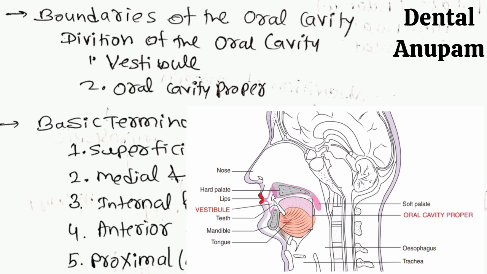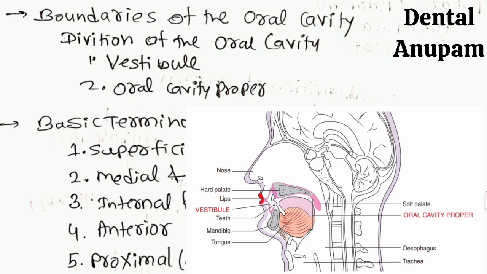Division of the oral cavity. The oral cavity is an almost oval shaped cavity which has two basic components: the vestibule and the oral cavity proper.